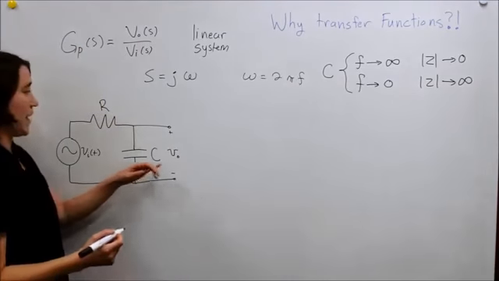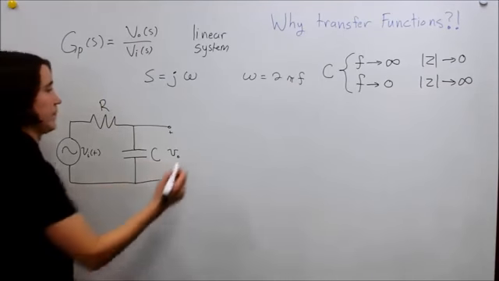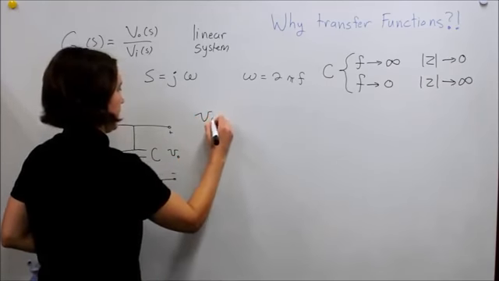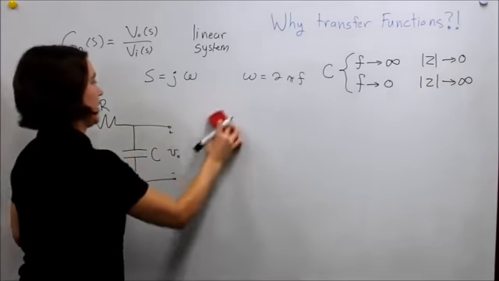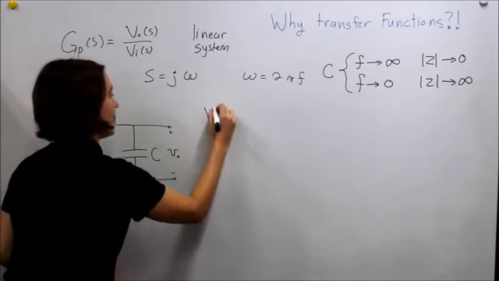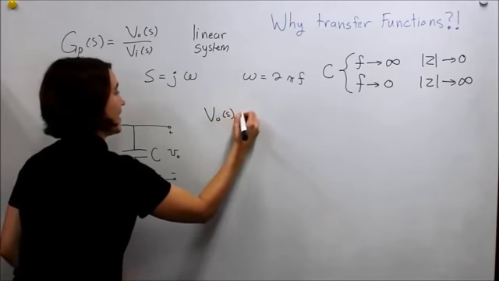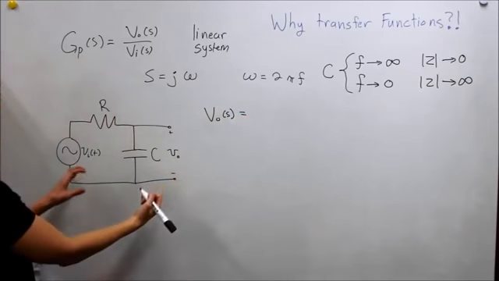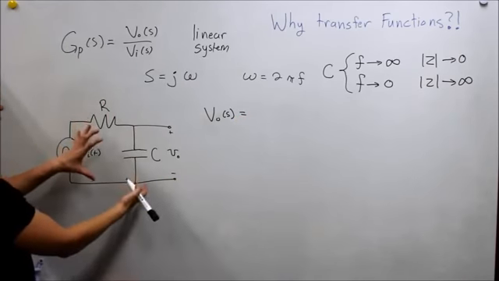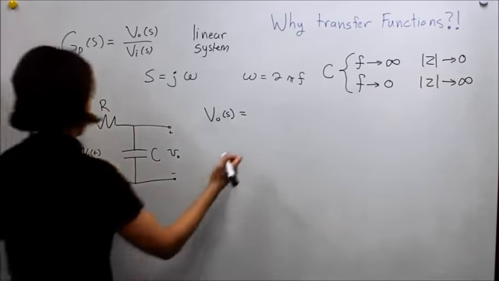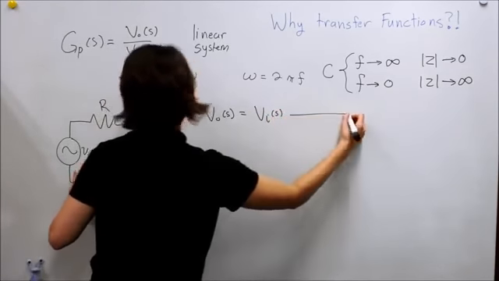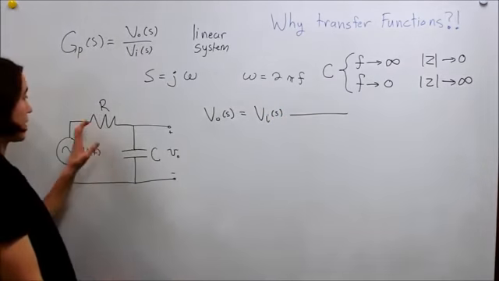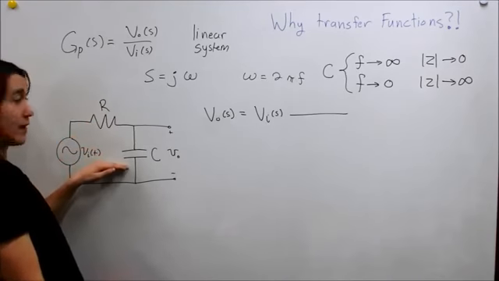So we know the output voltage here, and we're actually going to go directly into the Laplace domain, so we're going to do V out of S. The output here is just this voltage times this voltage divider here. So we'll do V in of S, and we look at the impedances here, so it's this impedance plus this impedance.